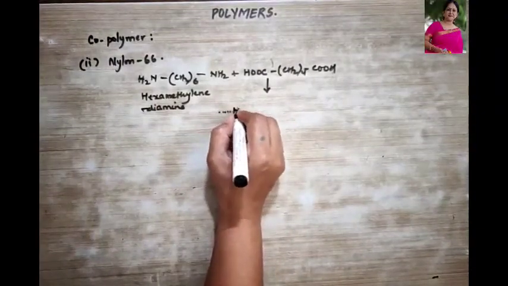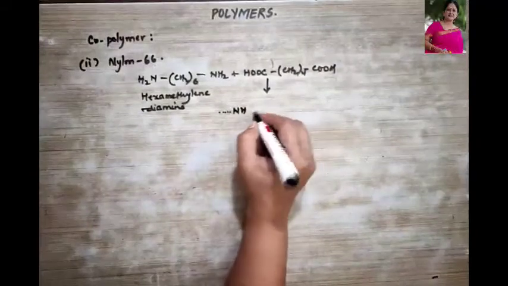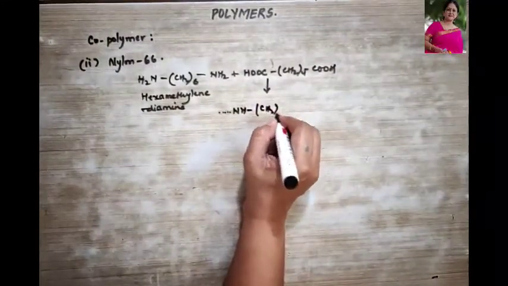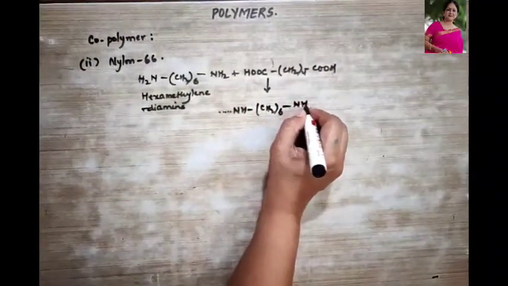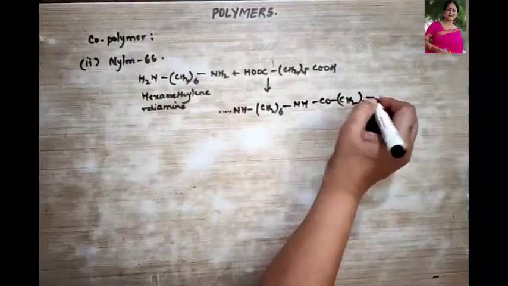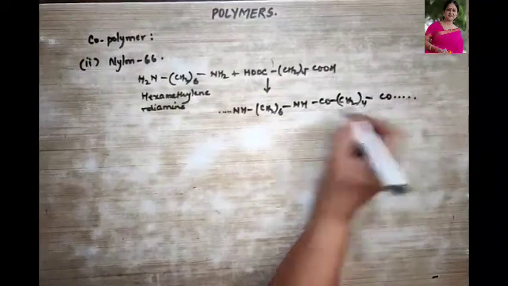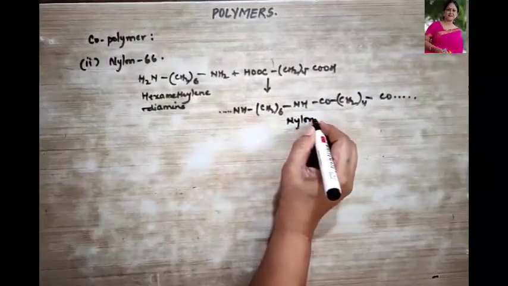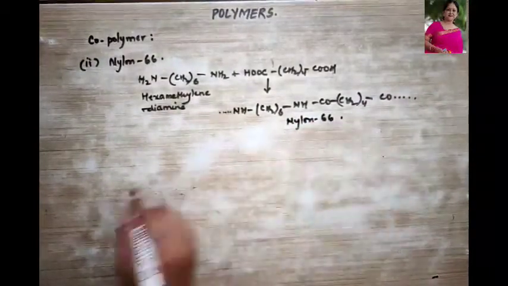The copolymer of nylon 66 is dash NH, then (CH2)6, NHCO (CH2)4 CO and so on. This is your nylon 66 copolymer.